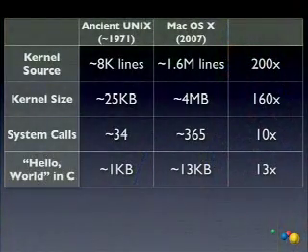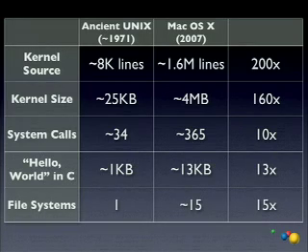So if you look at these aspects of pretty much the first version of Unix and compare it with Mac OS X, you will see that lots of things have blown up a lot. And that's to be expected, especially like, you write the same one-line program, it just takes 13 times more space now.